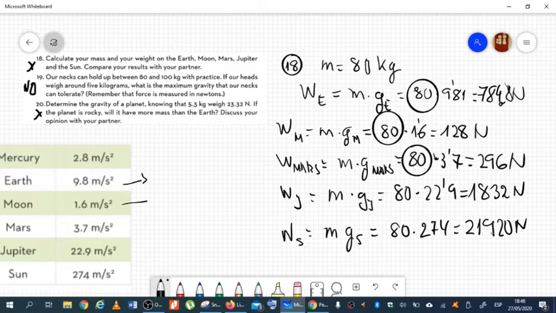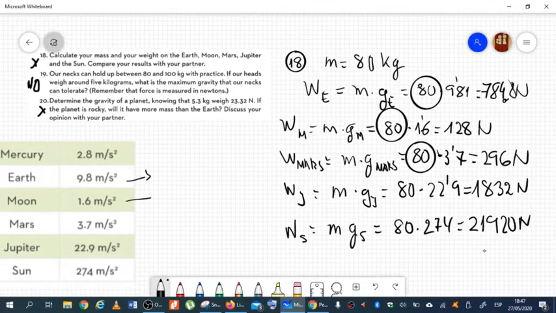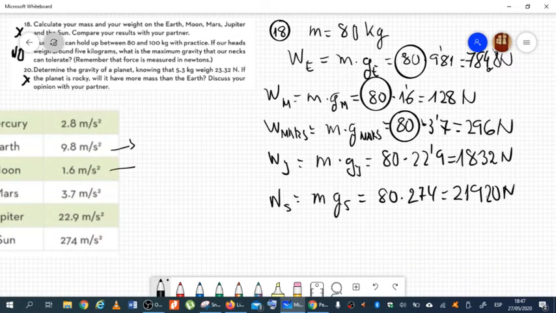Maybe if you were on the Sun, you would be flattened, or pushed against the surface of the Sun. Maybe you couldn't walk on Jupiter or on the Sun, because your weight would be very high.